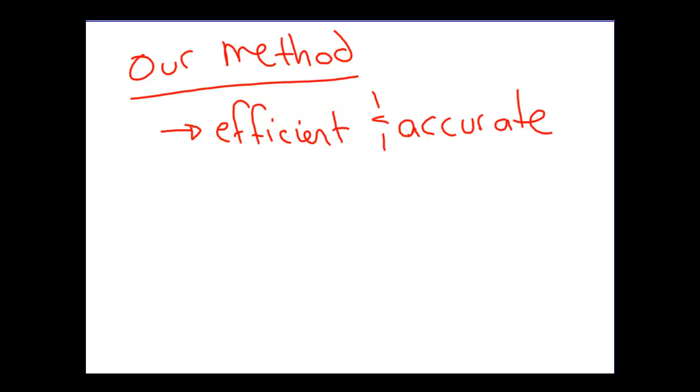We had ways of doing this that were very efficient, but not necessarily very accurate. So there's a little bit of a trade-off between those two things. And by efficient, I mean it doesn't take an extended amount of time or effort to get the problem done. And by accurate, we mean that as we improve our method, our answer gets closer and closer.